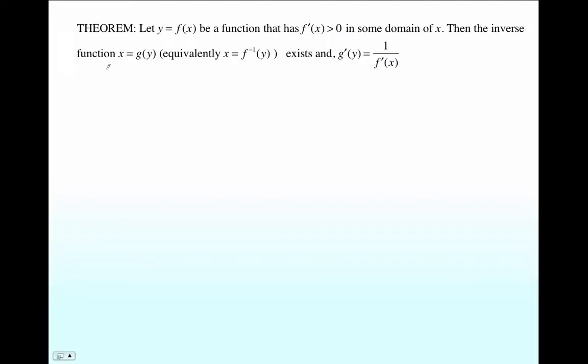We'll now consider a theorem that's very useful if you want to compute the derivative of the inverse of a function. So here's a function that has an inverse. It's because it's always sloping upwards. Because it's always sloping upwards, therefore its derivative is going to be always positive, at least in whichever interval we're considering it.